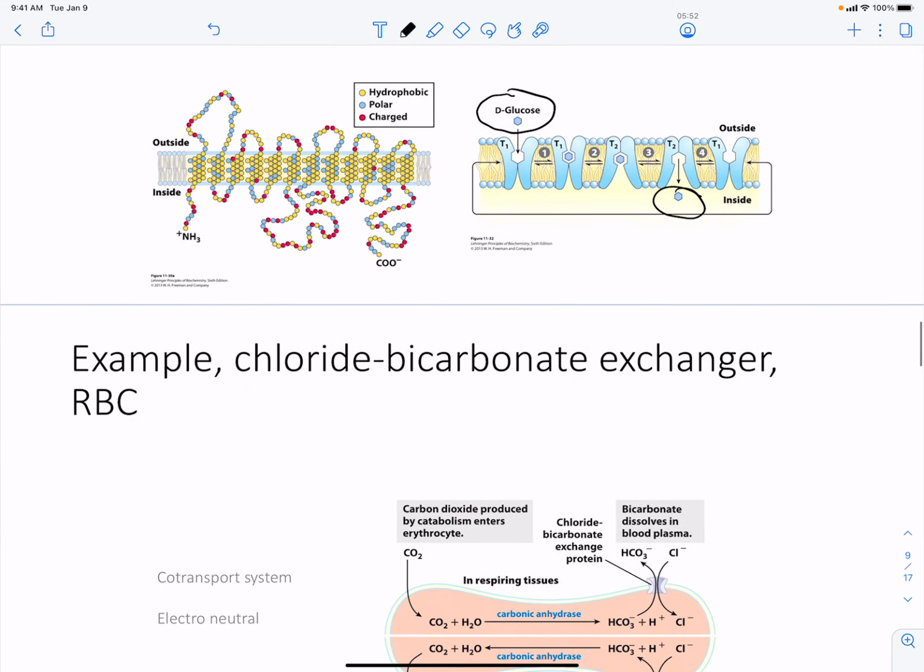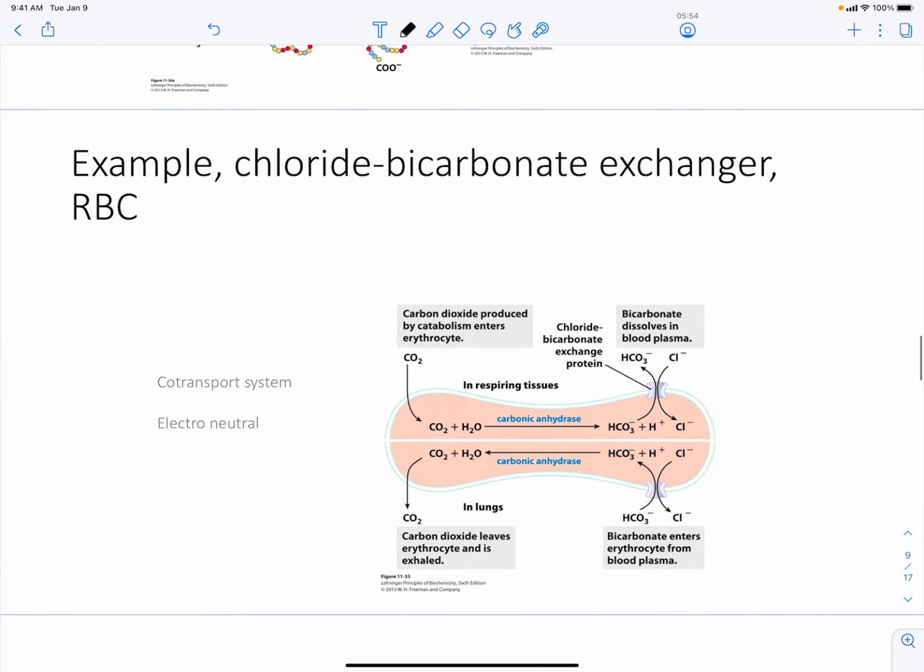Now another example of this passive transport is a chloride bicarbonate exchanger in red blood cells. This is a facilitated diffusion. And in this case, this is an antiport.